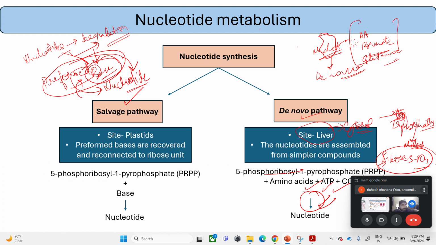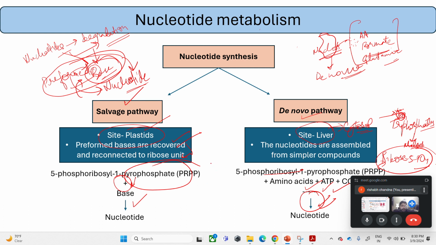Now, moving on to the salvage pathway, the basic site is plastids, where the recycling of nucleotides occurs, forming them from the preformed bases. The base is reconnected to the ribose unit. PRPP, the source of ribose 5-phosphate, is constant, and here the base is directly attached to PRPP, which forms the nucleotide.